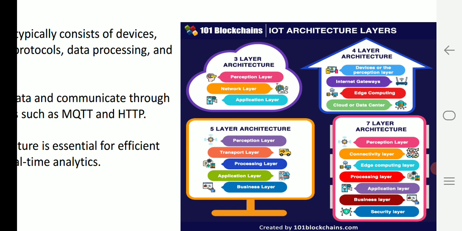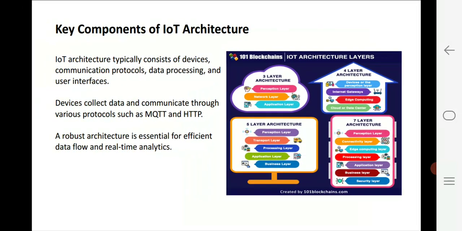And coming to 7 layer architecture: the first layer is the perception layer, connectivity layer, edge computing layer, processing layer, application layer, business layer, and the last one is the security layer. In every architecture, the perception layer is mandatory.